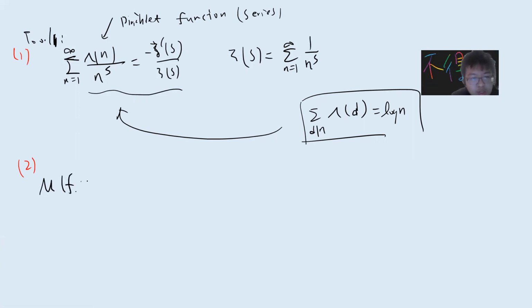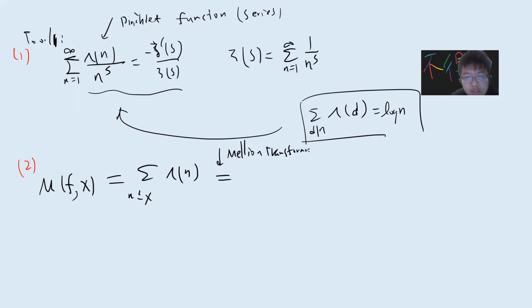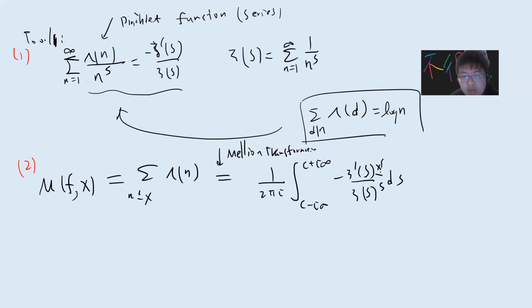We have the formula for the Mellin transformation. This is psi of x, defined to be the sum of lambda n for n less than or equal to x, and by the Perron formula, or so-called Mellin transformation, one can prove this is 1 over 2 pi i. If you want to see a proof, you should also check my previous video. And this is the integral of minus zeta prime of s over zeta of s, times x to the s divided by s, ds.